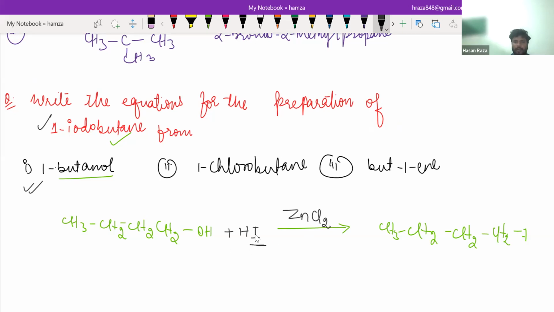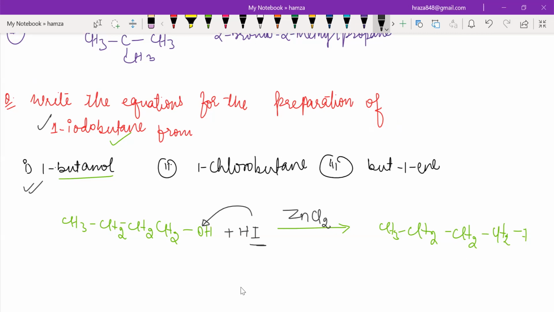So this iodine will replace OH, yes or no? And we don't deal with byproduct. So this is how we are going to prepare it. Okay, Hamza. So this was the first. Now do the second, and the third is very easy.